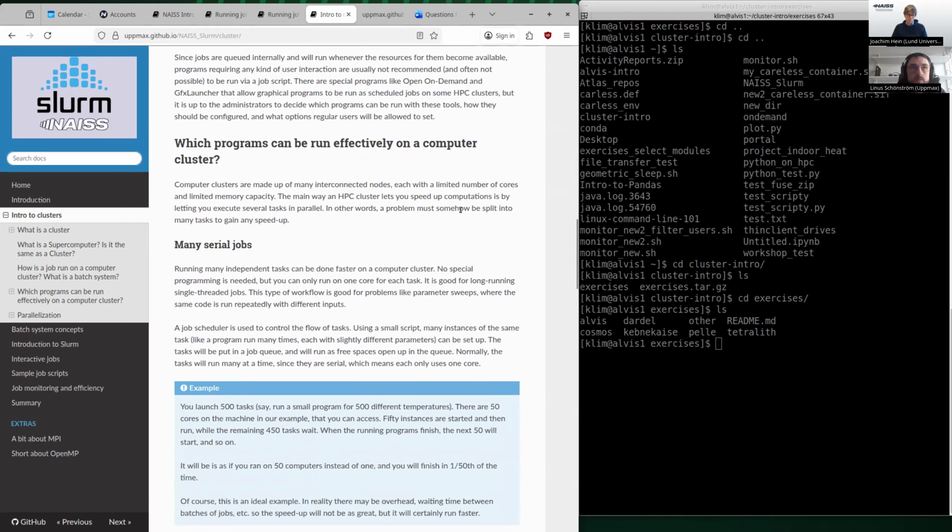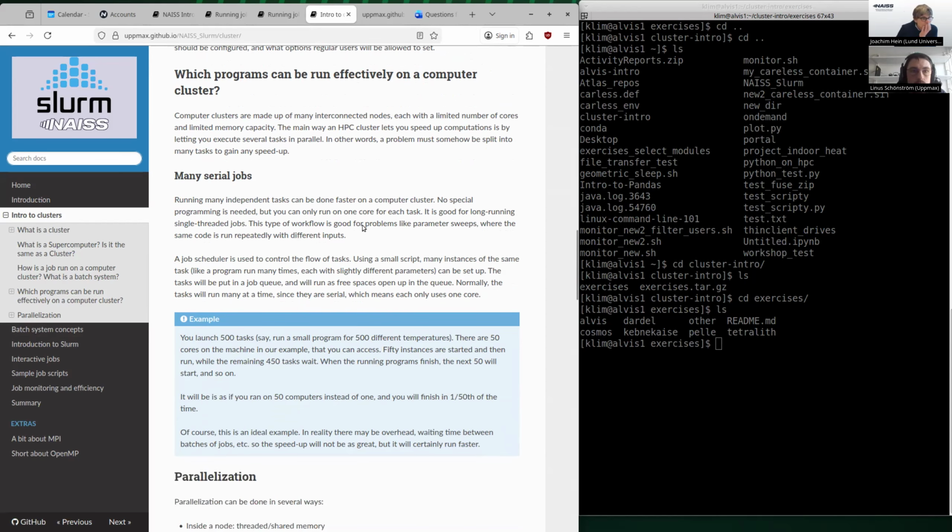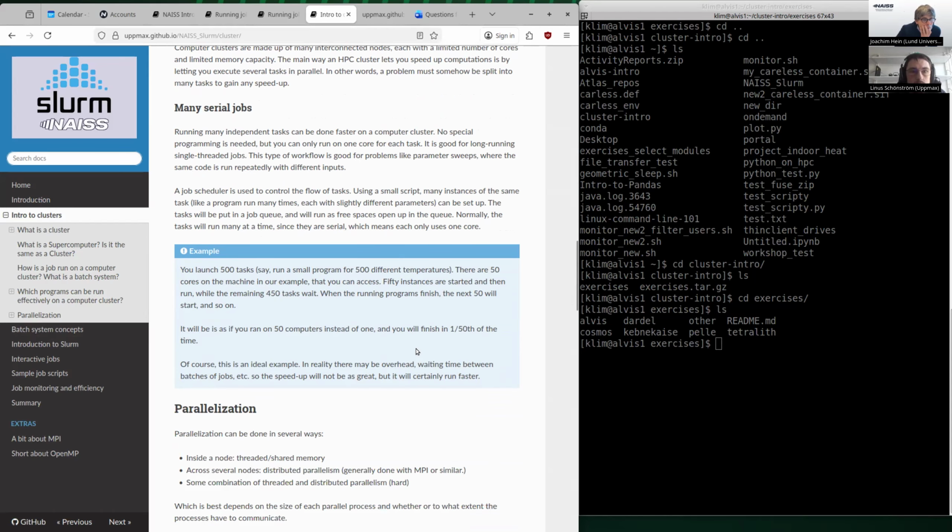Yeah, so now coming to what kind of programs can run effectively on a computer cluster. If we look here, we have two types of programs that can run effectively on our clusters.